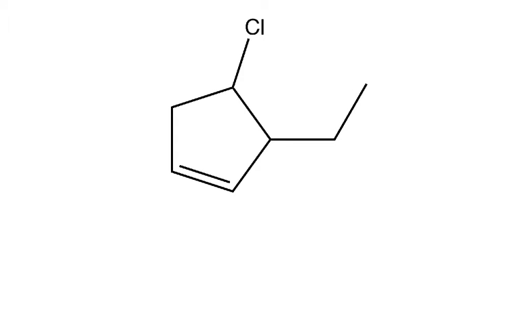All right, now I have another cyclic compound. This time I do have a couple of substituents. So my base name, I have 5 carbon atoms in my ring, and so that's going to be pentene, right? If it was just an alkane, it would be pentane, but because it has a double bond, it's going to be pentene.